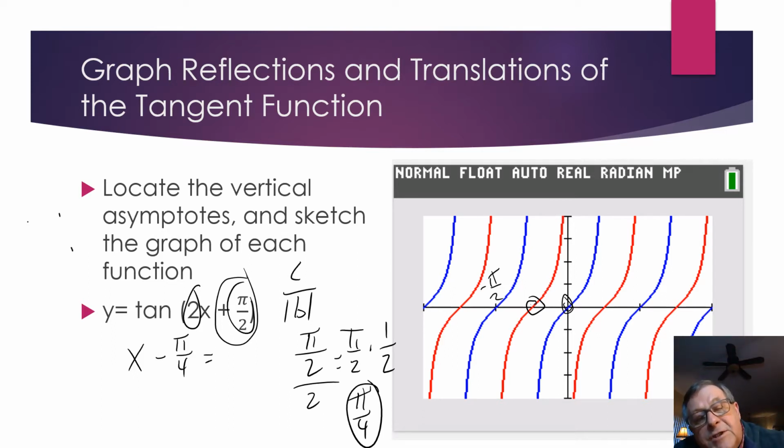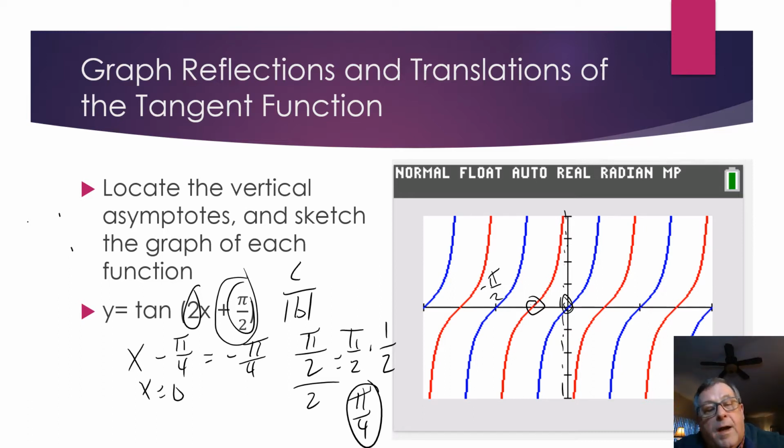There's my phase shift, and my previous asymptote, let's say we had one at negative pi over 4. Well, what's happening here? If I add pi over 4 to both sides, then I should see an asymptote at 0 at the origin. And I do see, from the red I'm talking about, an asymptote running right there.